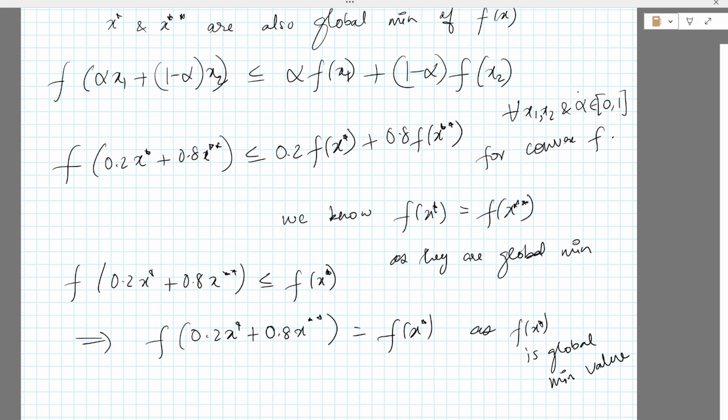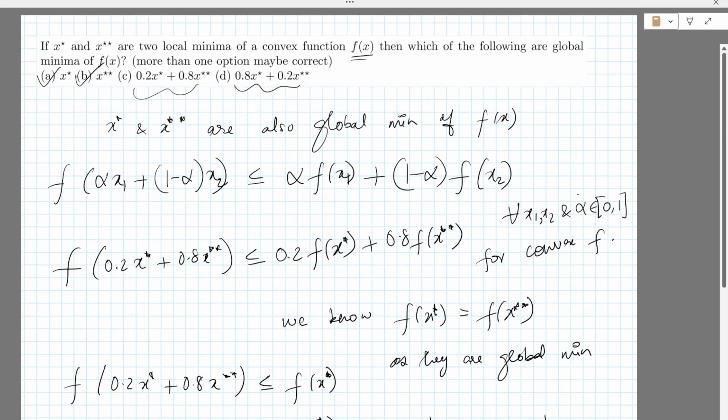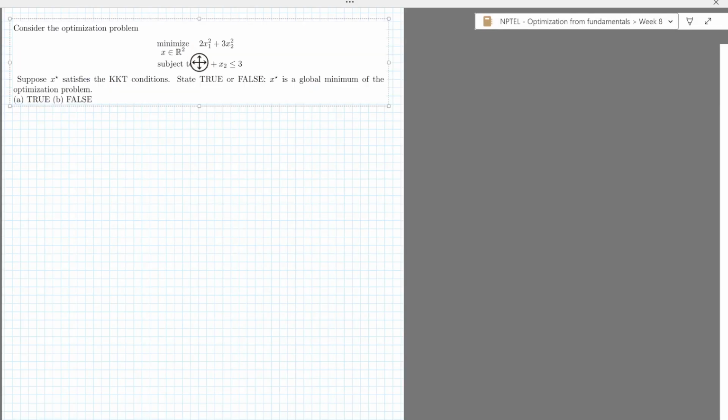This can't be less than f of x star, because f of x star is the global minimum. So this is equal, so this is also a global minimum. So these two are also global minima, because you can do the same thing with the 0.8 point.